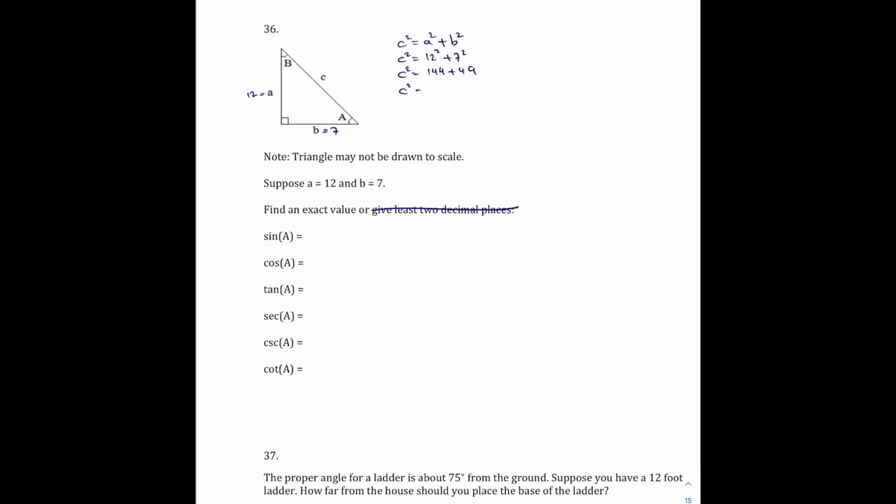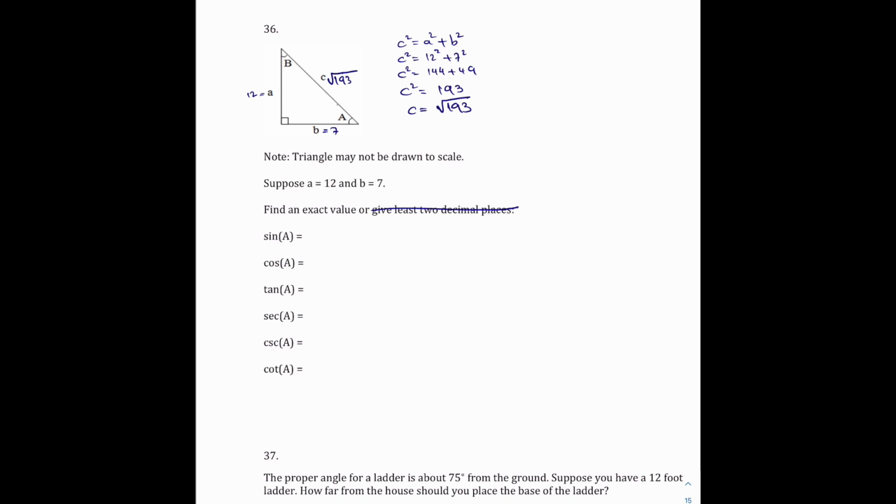And C squared equals 193, that's what I meant. C squared is equal to 193. And C equals the square root of 193. So I'm just going to leave it like that. This is square root of 193.